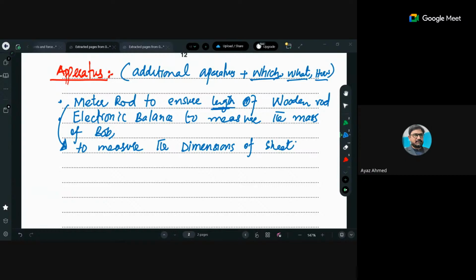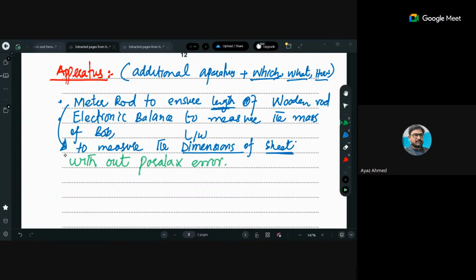Length or dimensions, that is, length and width of the sheet. Of what? Sheet. And how? Without parallax error. You can write it, use it without parallax error. So it would make very clear sense of using it, and without parallax error you have to use it.